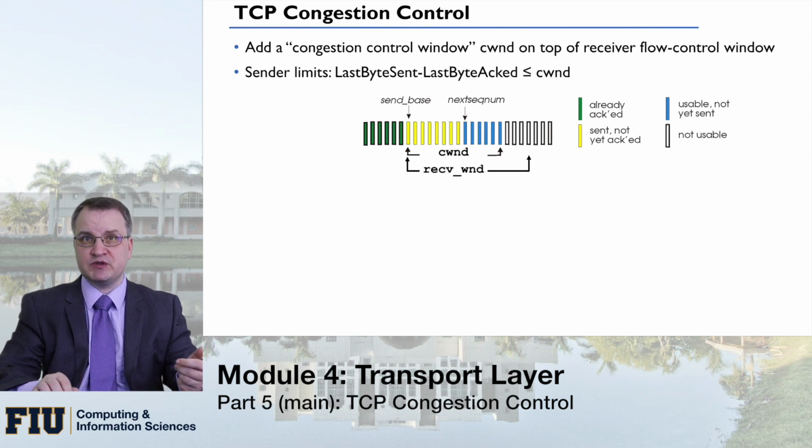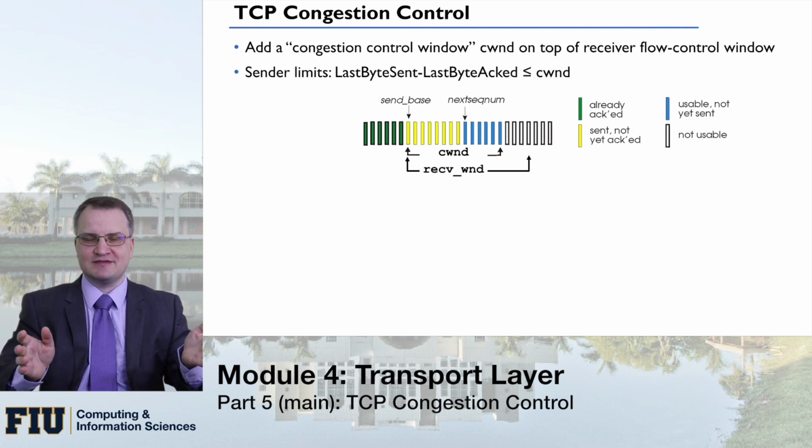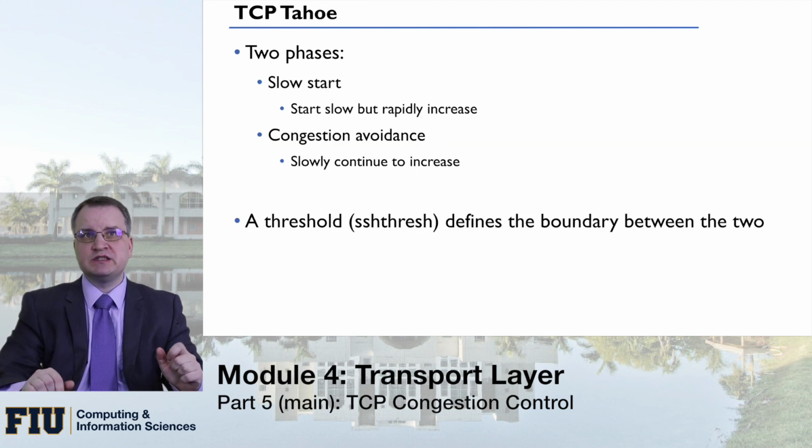Everything else is the same. You still have to obey the flow control window, so your window size has to be at most half the amount of sequence numbers that you have. Your actual window has to be less than or equal to the receiver window, and again, your window cannot exceed the estimated congestion window.